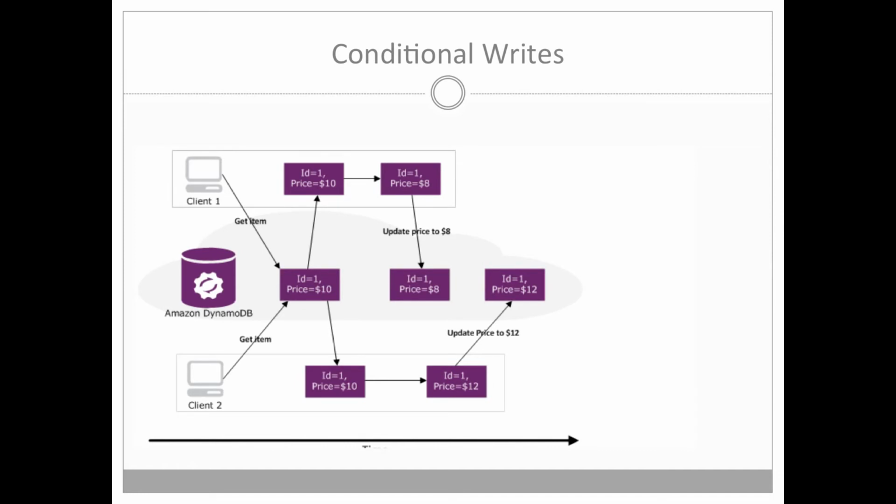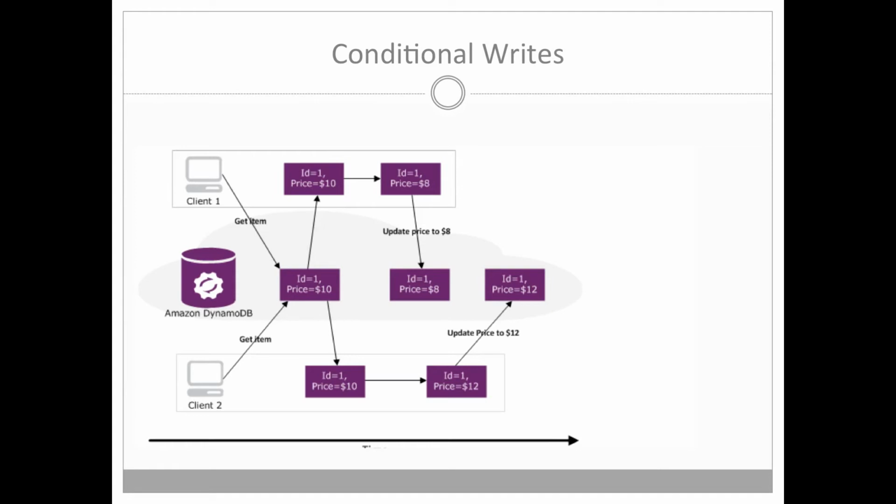Now, one of the things that DynamoDB does provide is conditional writes. In this diagram, what you're seeing is we have DynamoDB in the middle, and you have client 1 and client 2 retrieving the data at the same time. Client 1 retrieves the data, and sometime down the road, client 2 retrieves the data.